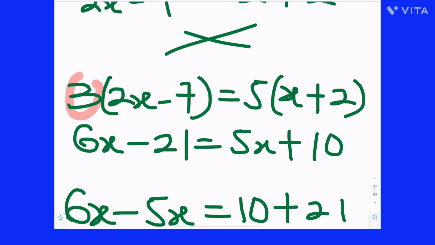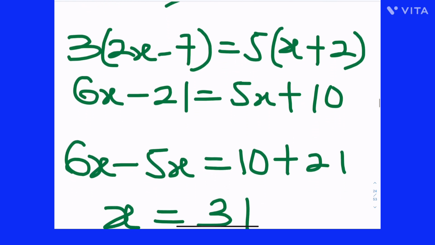Then 3 times minus 7 is what? Minus 21. Here also 5 times x, 5x. Then 5 times 2, 10. The 5 is positive, the 2 is also positive. Plus times plus is plus. So 5 times 2 is 10.